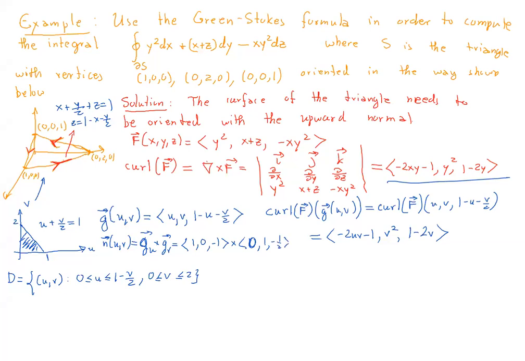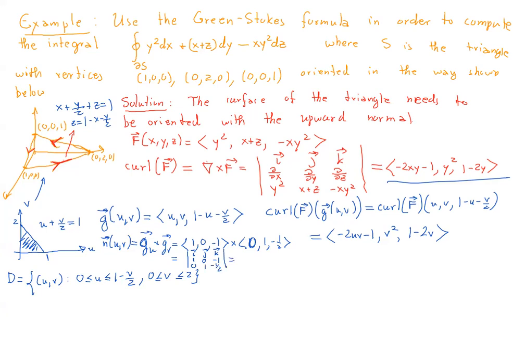How did I find these two vectors? By just taking the partial derivatives of g, first with respect to u in its 3 components, then with respect to v.